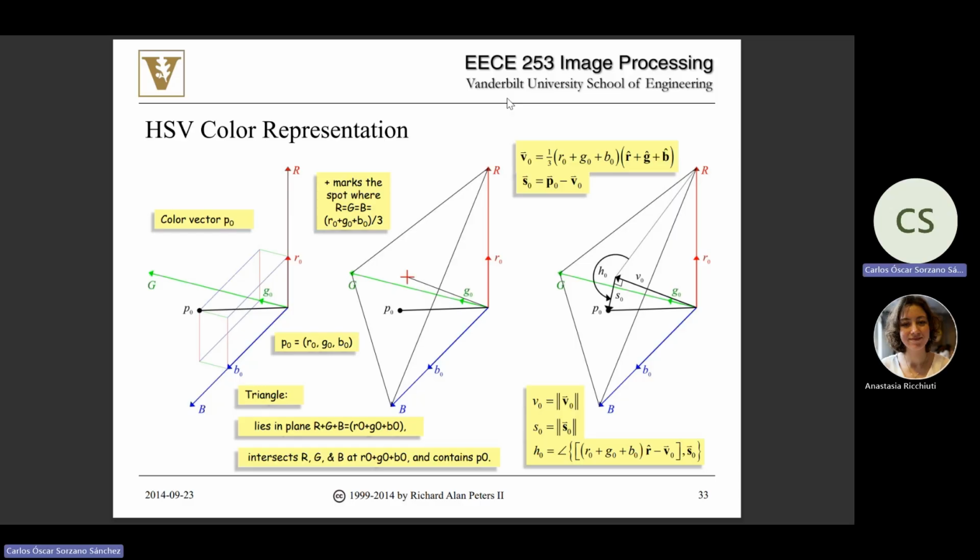Now, let's look at the plane of the form R plus G plus B that contains that gray point. It will be this plane, shown here. Now I have to tell you the instructions to reach this point. The gray point has not moved, so it stays fixed.